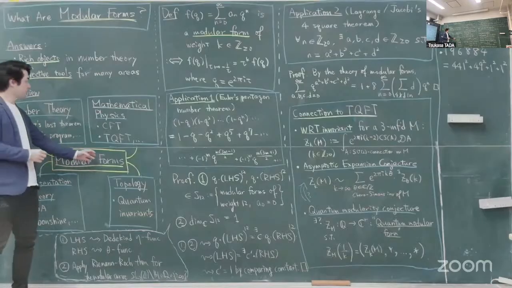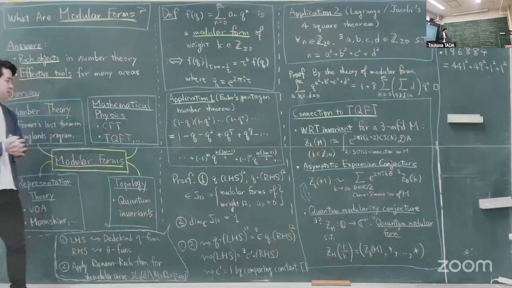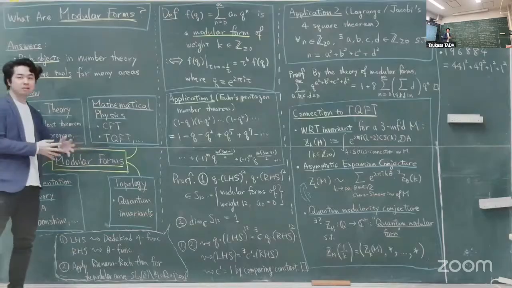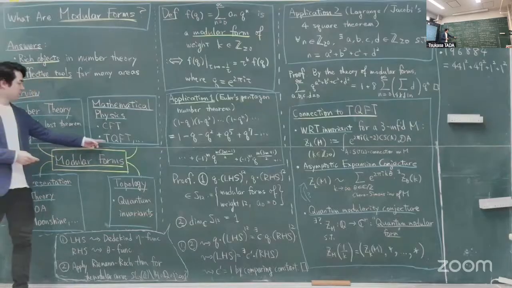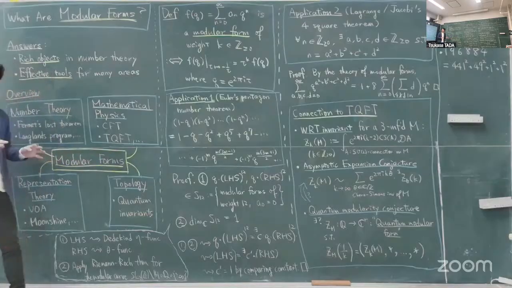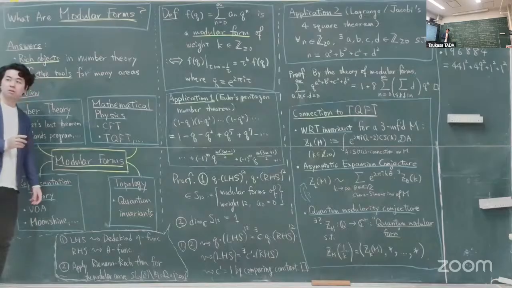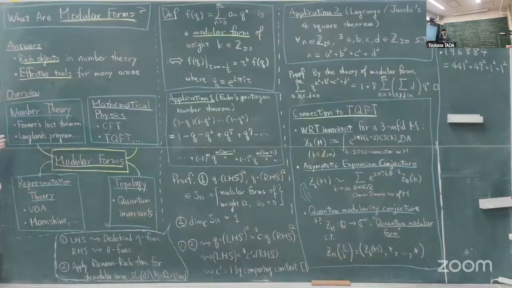Modular forms also relate to mathematical physics, for example conformal field theory and topological quantum field theory, and to representation theory, for example vertex operator algebras and the monstrous moonshine phenomenon.